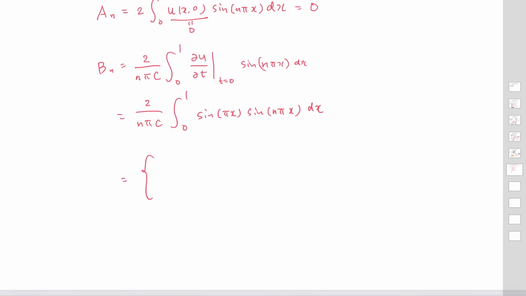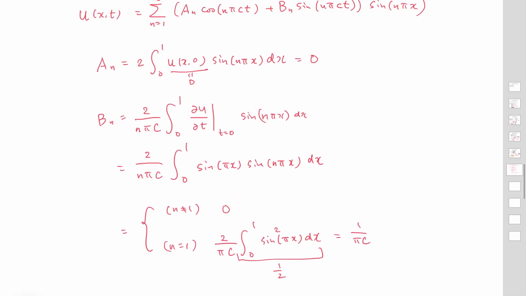When n is not equal to 1, this integral becomes 0 because of the orthogonality of the sine functions. When n equals 1, this becomes 2 over pi c times the integral from 0 to 1 of sine squared pi x dx. This integral becomes 1 over 2, so it becomes 1 over pi c.